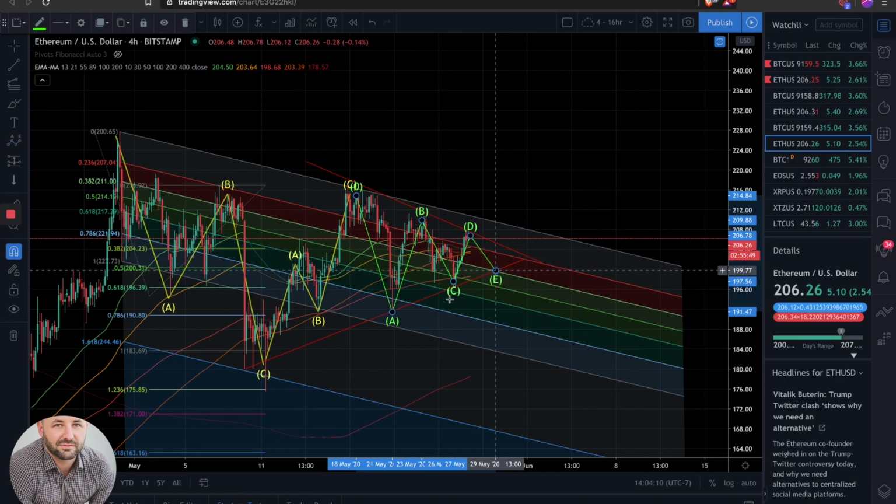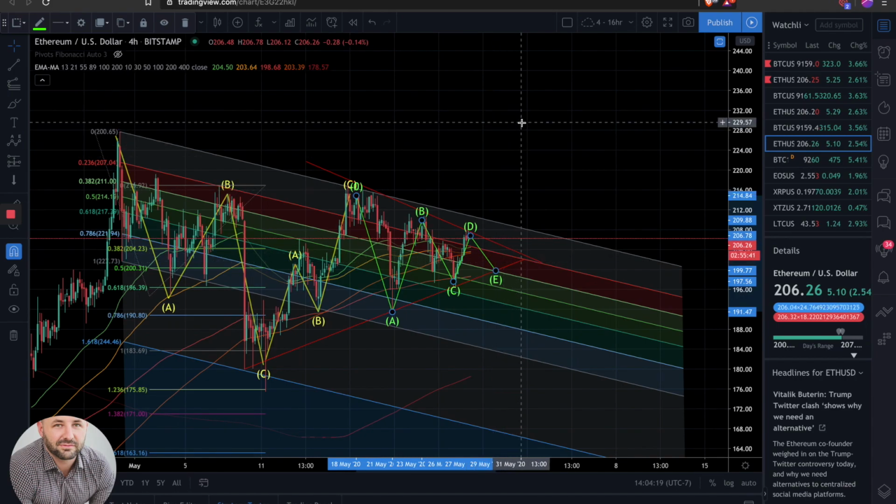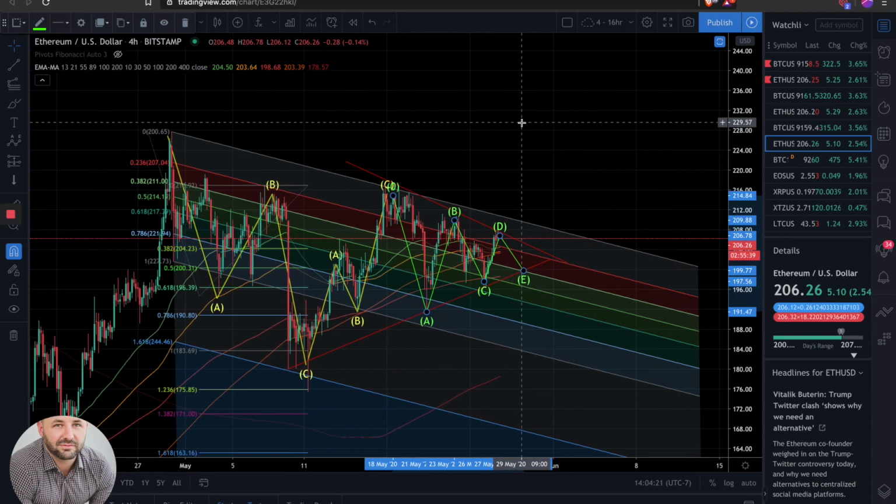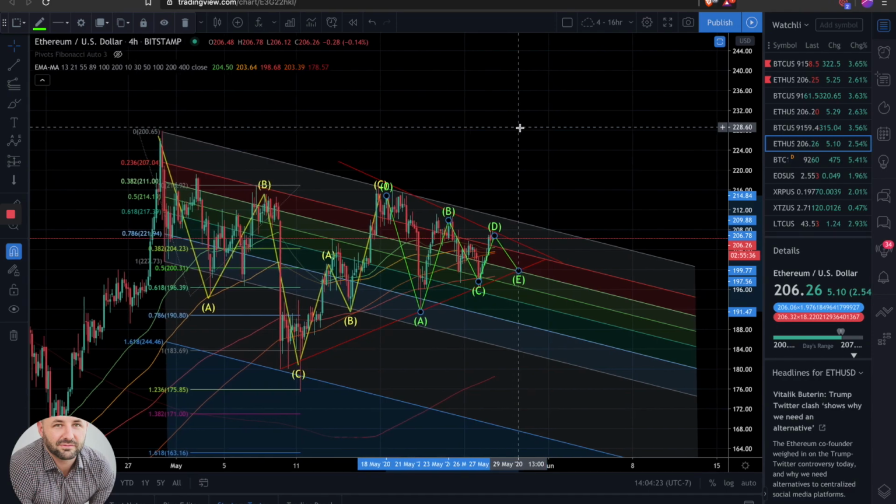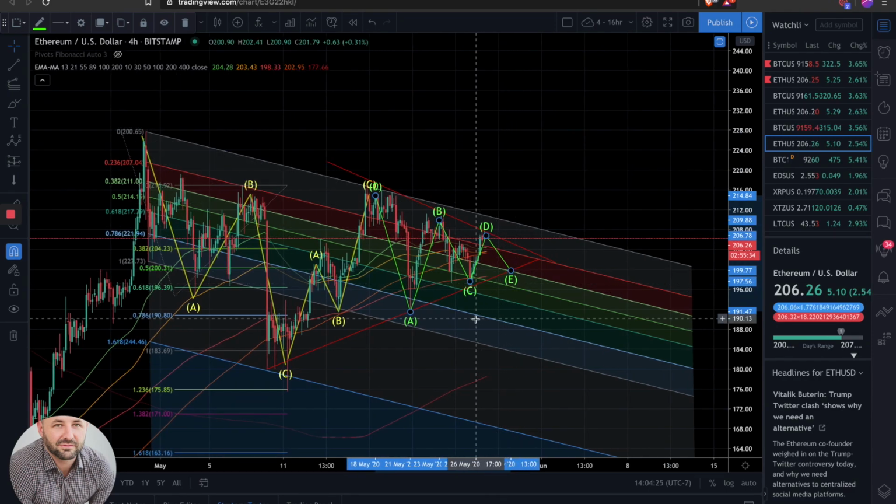Or we could potentially come down and do something like that, and then have us come down, find a little bit of support again, and then blast off that way. That is absolutely another option that we can have.